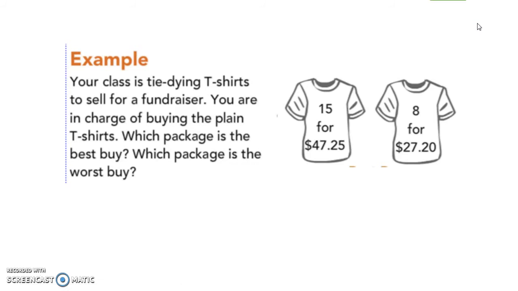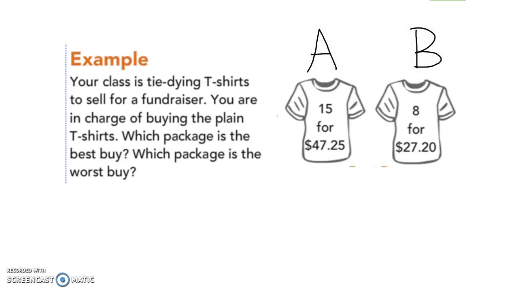All right, on your own, I want you to find the unit rate for each of these packs of t-shirts. We know that we can get 15 shirts for $47.25. We can get 8 shirts for $27.20. So let's call this package A, and we'll call this package B. Now I want you to compare and figure out which is going to be the better buy.